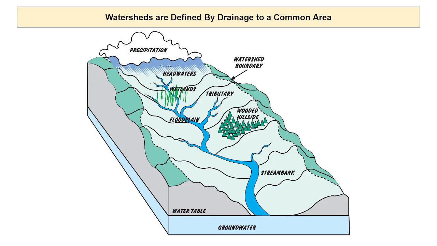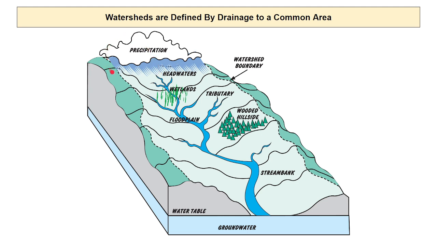So a watershed is defined by the drainage into a common area. Every single fresh body of water, rivers, streams, lakes, ponds, they're all going to have their own watersheds. A watershed is just all of the area that has runoff or percolation into that body of water. For example here, we have this river that runs all the way up to here.